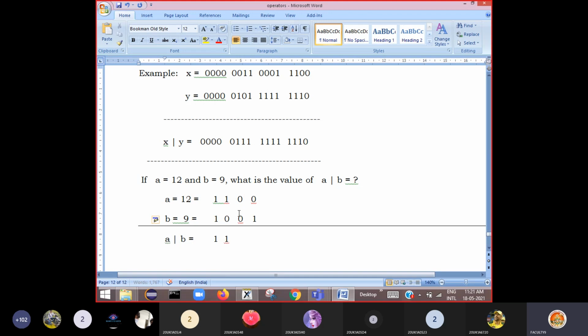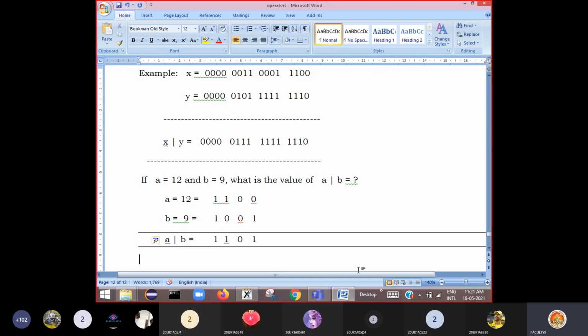Similarly, 0 or 0 is 0 we will get here. Similarly, 0 or 1 is 1 we will get here. Yes or no? Okay, right? So this is the result we will get when we perform the bitwise OR operation.